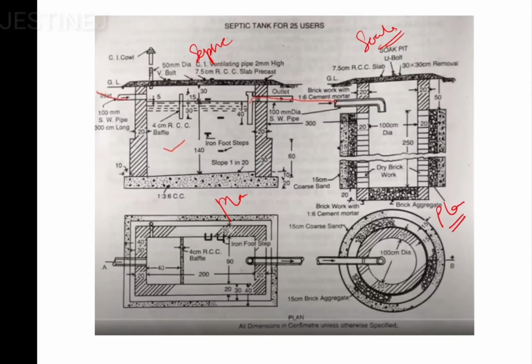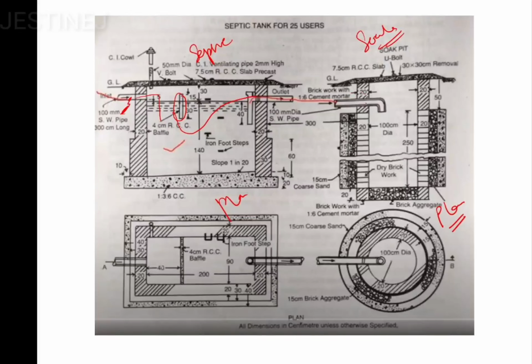Actually, what is the purpose of this septic tank and this soak pit? Here an inlet pipe is provided. The wastes, both liquid and solid waste matter, will come and deposit in the septic tank, and a baffle wall is provided such that it allows the liquid matter to flow easily through this outlet pipe to the soak pit.